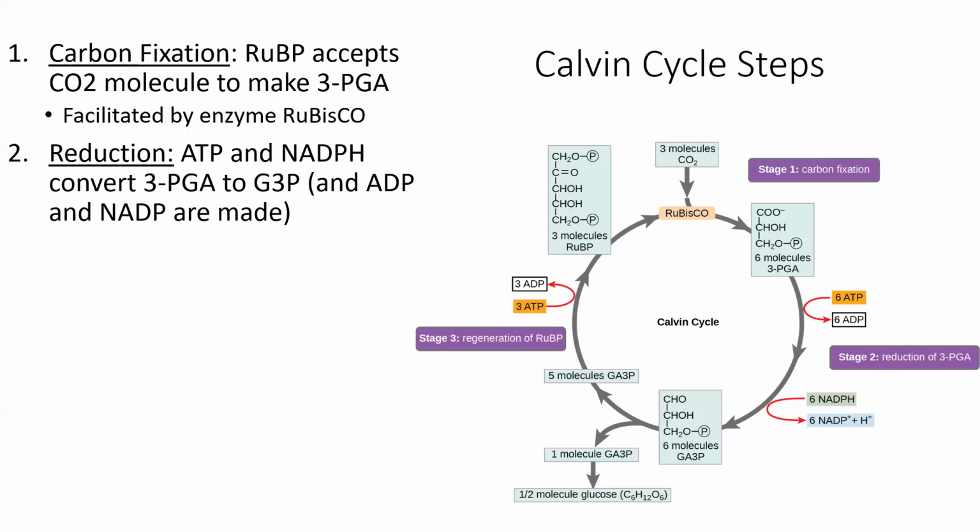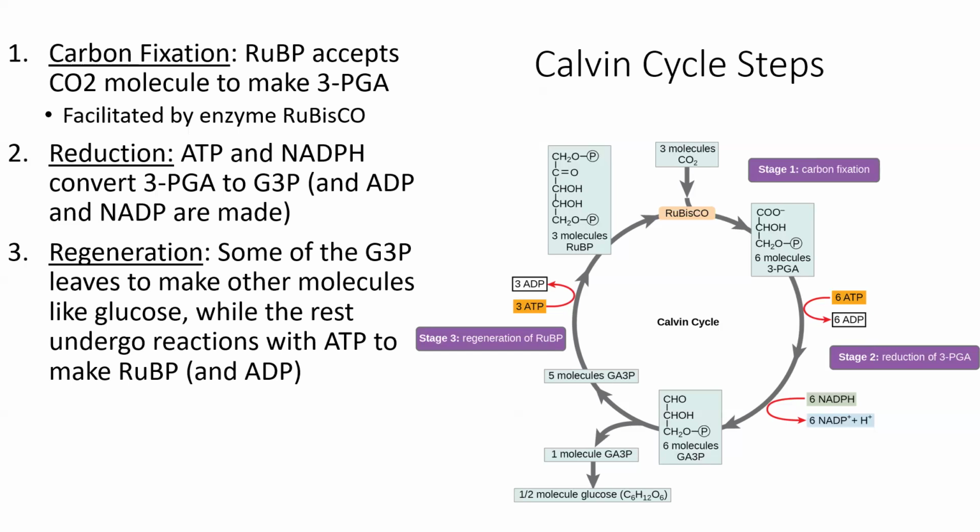But so you can see these stages. We first have that carbon being fixed. Rubisco helps take it to that second stage, the reduction phase here. And then our final stage is the regeneration. So some of the G3P molecules leave to make other things like glucose. Maybe it's going to make starch. Maybe it's going to make cellulose. It can leave and do other things.